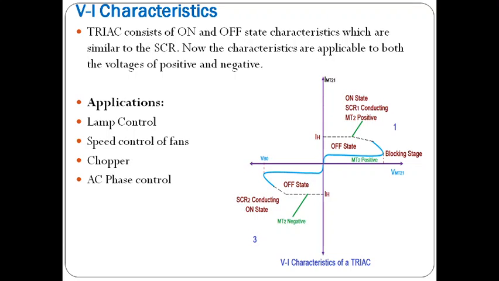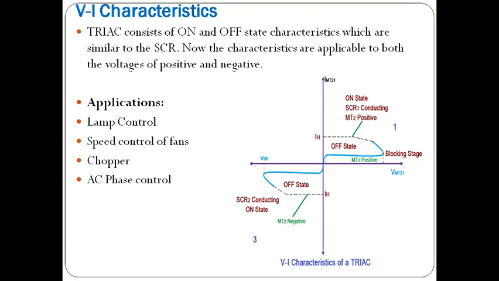Quadrant 1 indicates the positive and quadrant 3 indicates the negative. So positive MT2 indicates quadrant 1 and negative MT2 indicates quadrant 3.